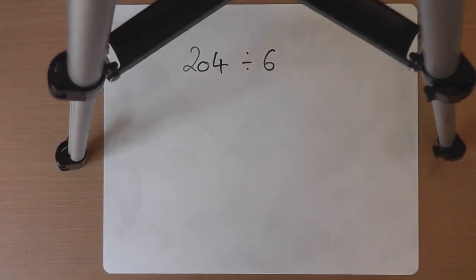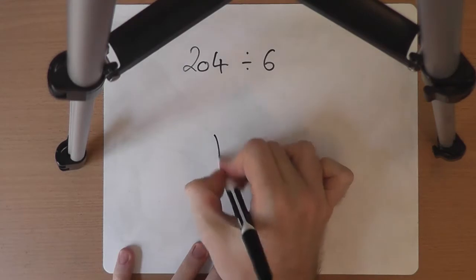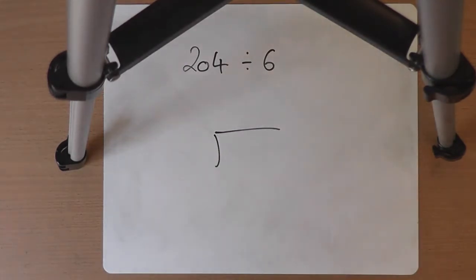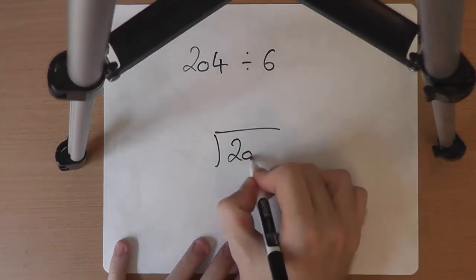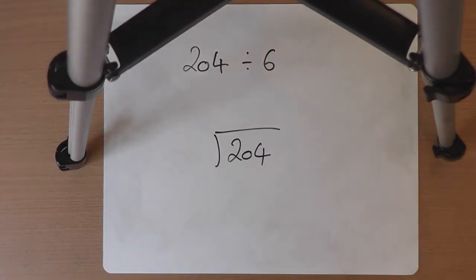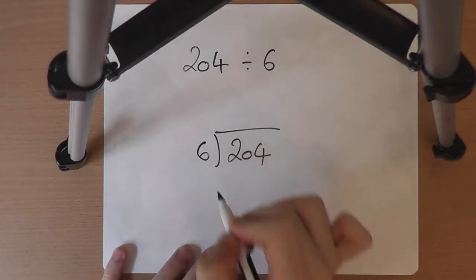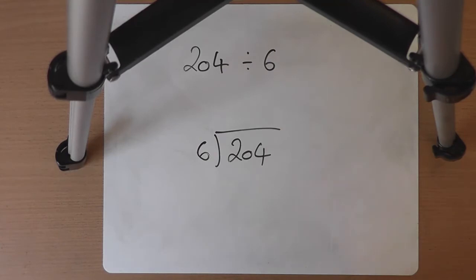The thing that makes divides really difficult, particularly the larger numbers, is this bus stop or bus shelter method. This idea that we've got the start total on the inside, and we've got the number we're dividing by on the outside. And as soon as people see that, they tend to panic, because it turns it into something quite complicated. It is definitely a divide with a capital D. So we're not going to use that.